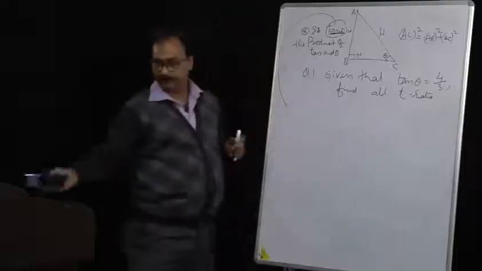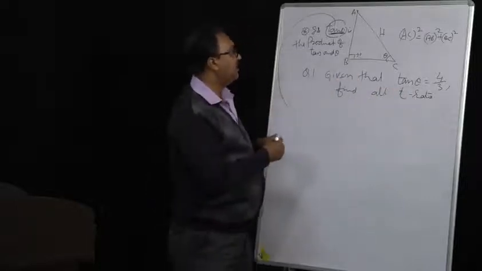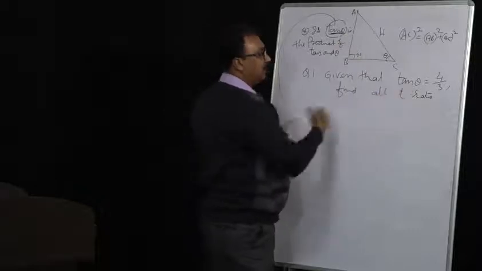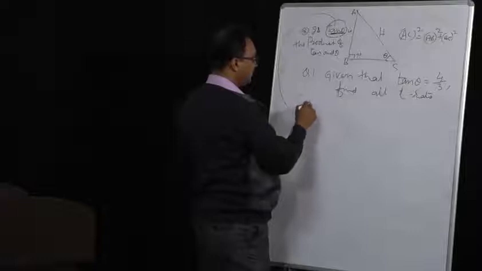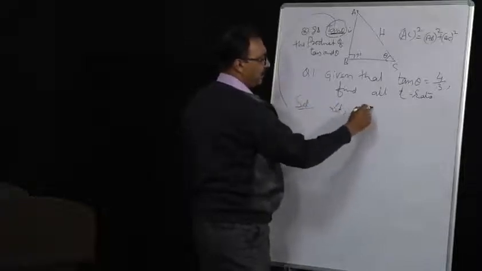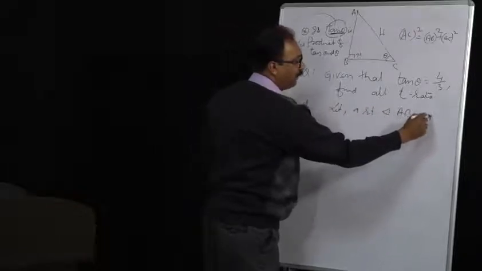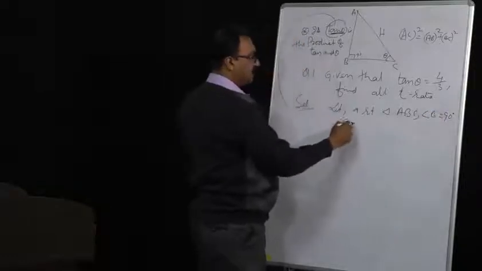Now look here. Is that angle theta of a right triangle? Say, for example, it is a right triangle. We consider theta, like here. In the solution part, you can write: let ABC be a right triangle, angle B equal to 90 degrees and angle C equal to theta.